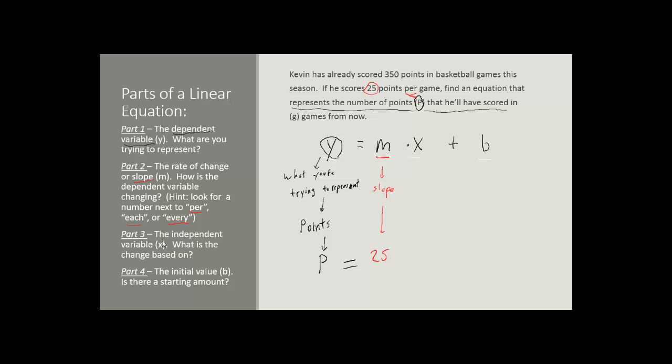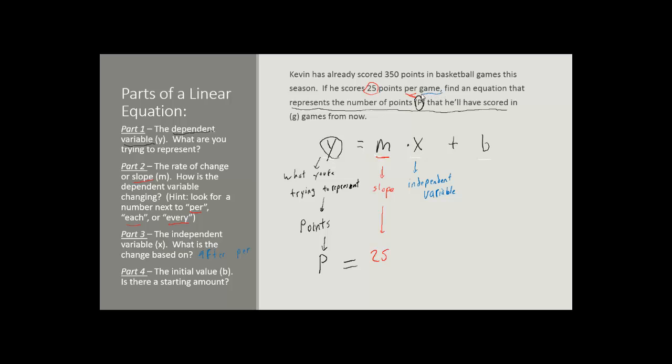Now we'll move on to the third part, the independent variable, x. I'll label that here. Independent variable. And the independent variable is what that change is based on. And usually that is the word after the per.